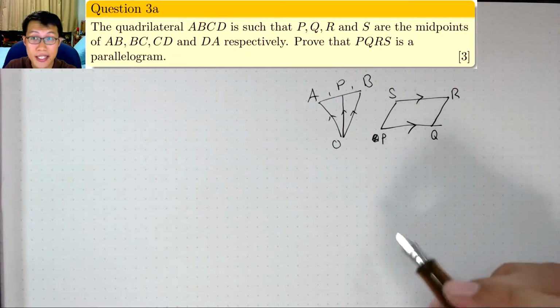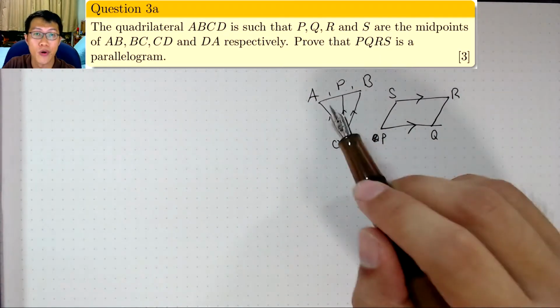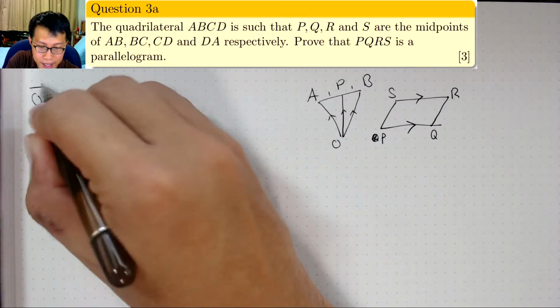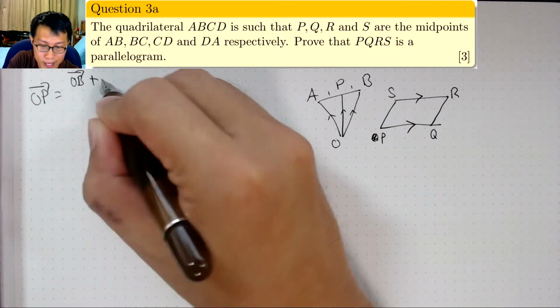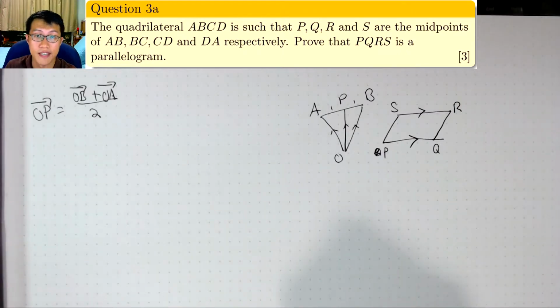So as we have discussed, we will use the ratio theorem to tackle the midpoint. P is the midpoint of AB, so using the ratio theorem, we get OP equals 1 times OB plus 1 times OA over 1 plus 1, giving us 2. So this gives us OP.